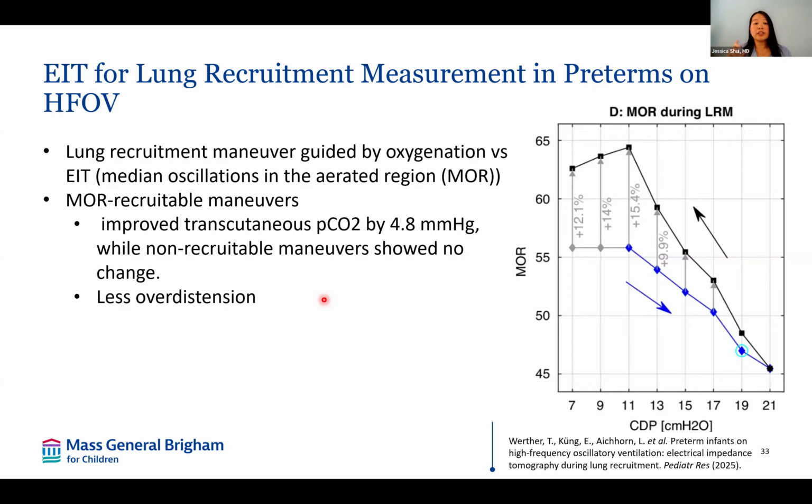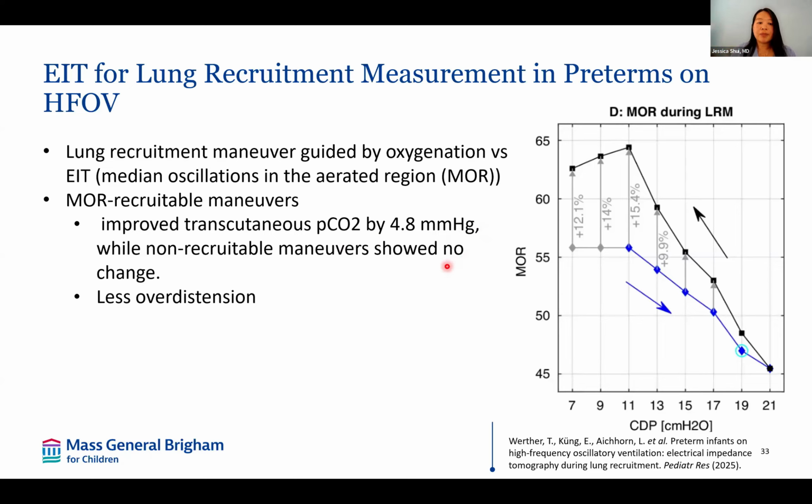But when they compared to a group who was using EIT to help guide how much of the lungs was still available for recruitment, they saw improved transcutaneous PCO2 in the EIT-guided group, compared to the ones who were arbitrarily trialing and changing the mean airway pressure.